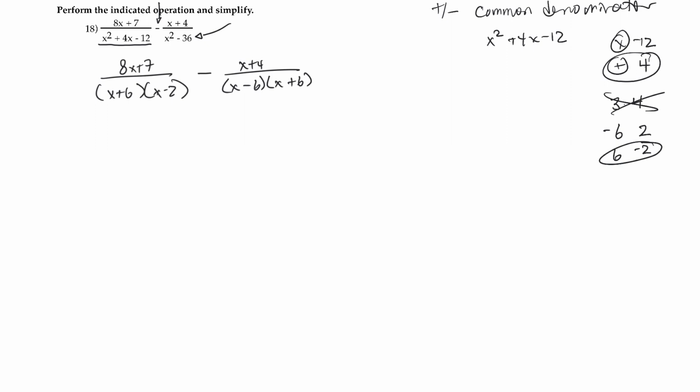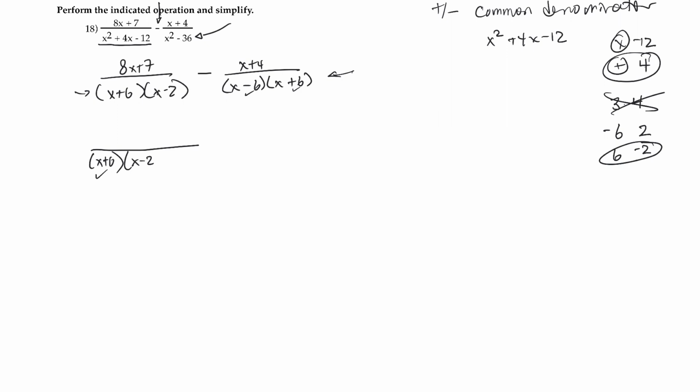Okay, so to get a common denominator, they have to have common things on the bottom. When I look at them, they need to have this first x plus 6 and x minus 2. So they need to have that. Now if I look over to this one on this side, I already have an x plus 6 here, so I don't need another one.